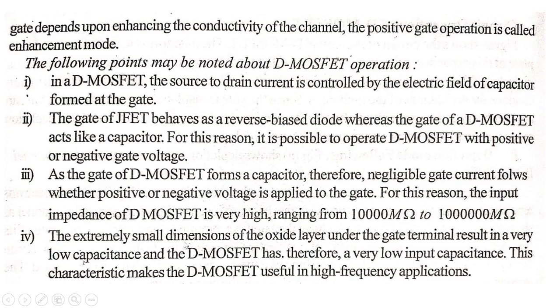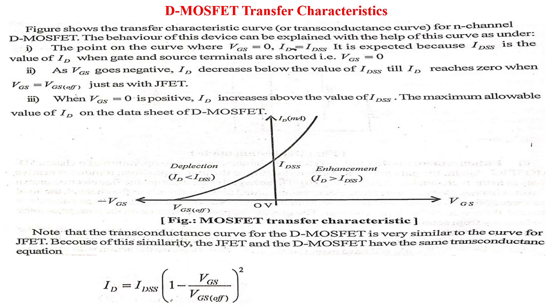The extremely small dimension of the oxide layer under the gate terminal results in a very low capacitance, and the D MOSFET has therefore a very low input capacitance. This characteristic makes the D MOSFET useful in high frequency applications.